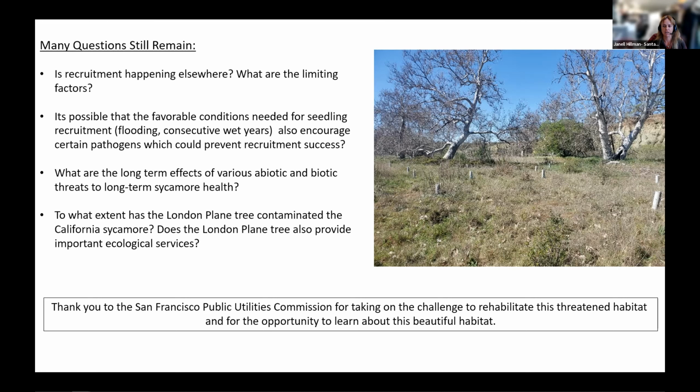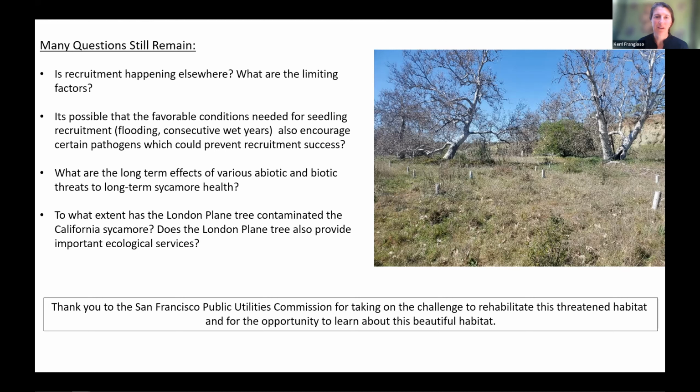So in more natural hydro period areas where you still get that really strong channel forming flows and scour, and the longer period flood events that actually contribute to recruitment and regeneration of the floodplain. So when you can activate the floodplain and you have that more natural hydro period and then a summer drawdown but still high water table, that's where we're seeing sycamore recruitment, at least in Santa Clara County, on our native creeks above areas where we've changed the flow regime.